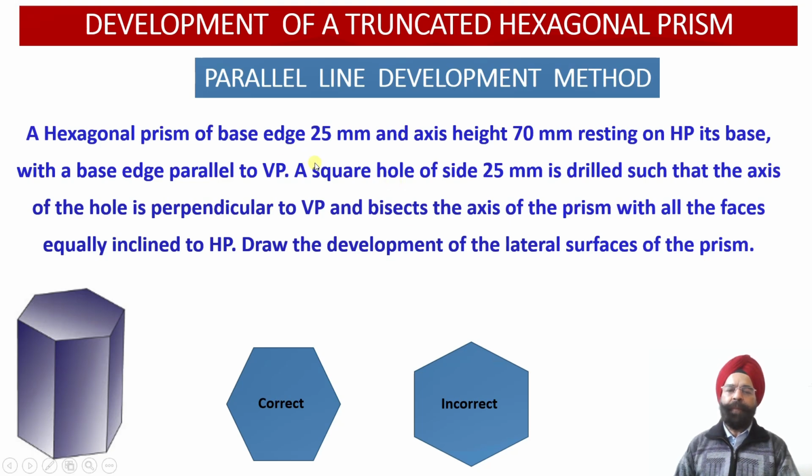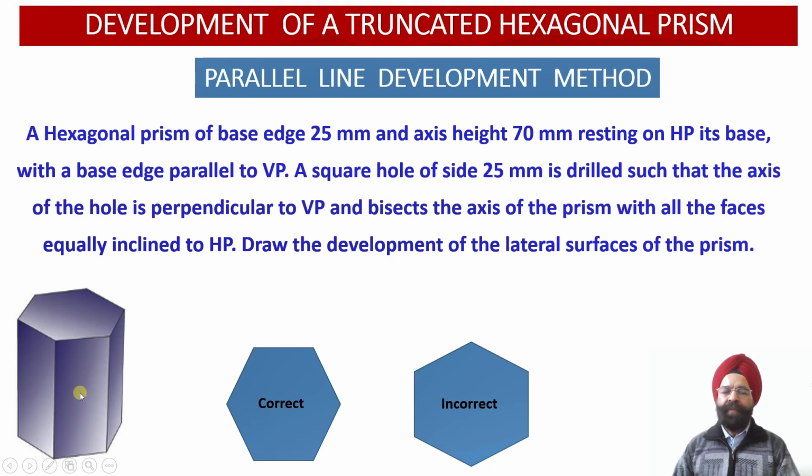Now we have been provided with the information that a square hole of side 25 mm has been drilled through this hexagonal prism in such a way that the axis of the hole is perpendicular to the vertical plane and bisects the axis of the prism. So if this is the prism, we'll work out the axis.